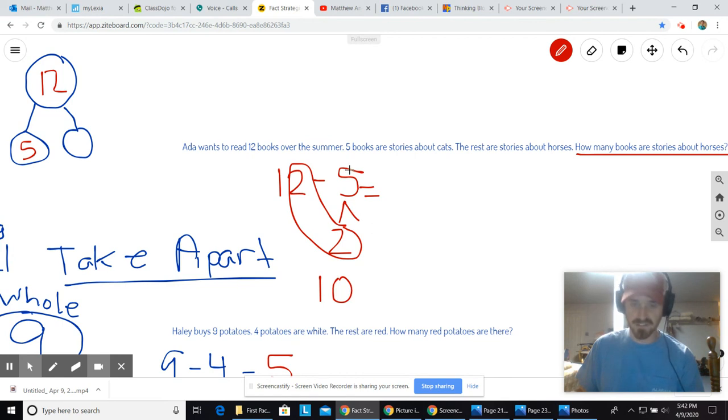But if I stop there, then I'm going to get the wrong answer because I didn't take away 5, I only took away 2. Well, 2 plus what would be 5? 3. So I have to take that 3 away too, so that way I'm taking away all 5. Well, since it's a 10 partner problem, this is a lot easier. 7. 7 books about horses. So hopefully that made sense.